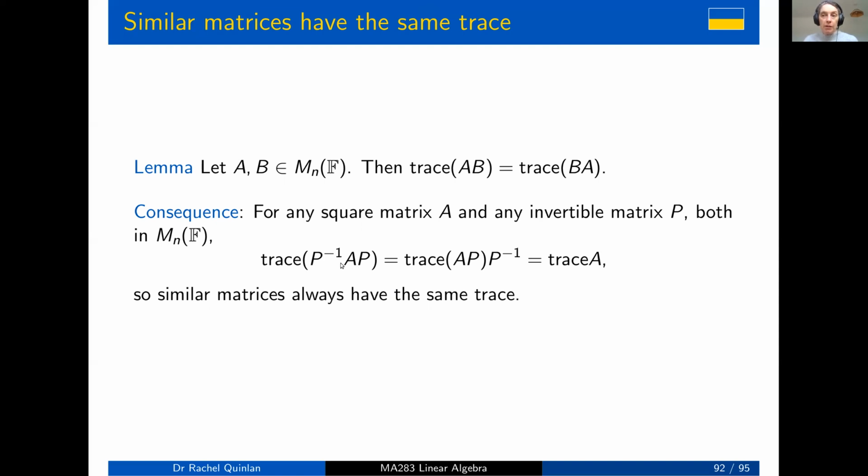If I take the same product the other way around, then I've got AP times P inverse, and that's just A because the P and the P inverse cancel each other. So if we believe the lemma, then the assertion that similar matrices have the same trace follows: the trace of P inverse AP is always the same as the trace of A for any invertible matrix P. So why is this lemma true?